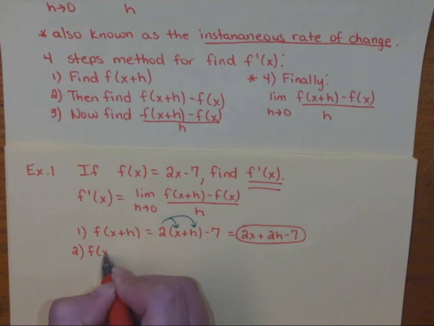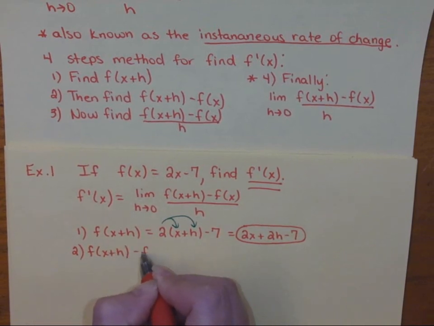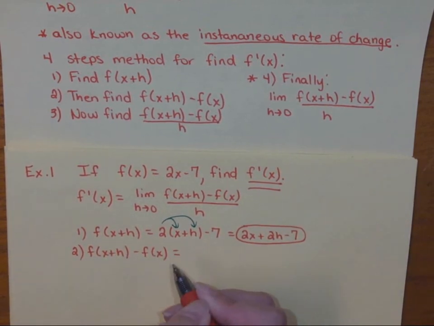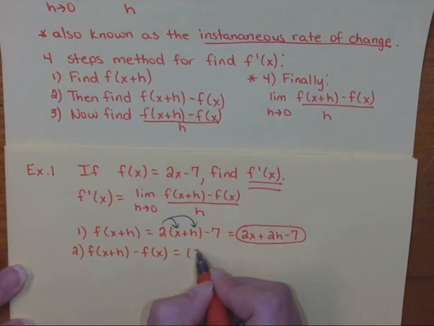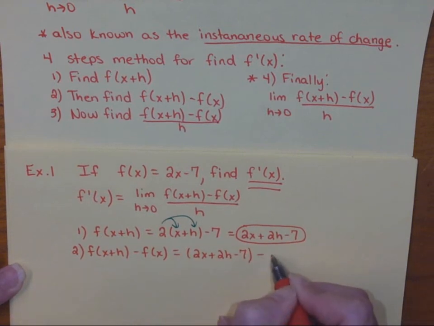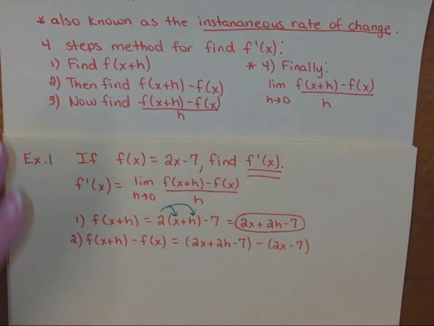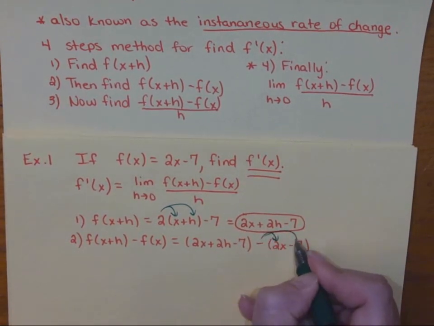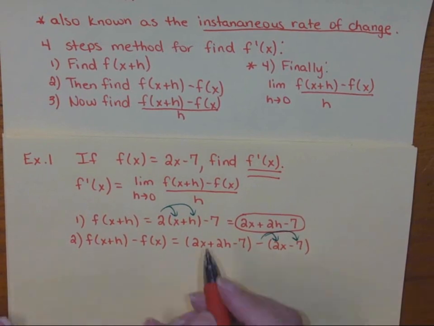Step 2 is to take what we got in step 1 and subtract off the original function. So here was my f of x plus h that I got in step 1, and I'm going to subtract off the original function, which was just f of x. Notice that when I do that, the minus sign distributes to both things here.